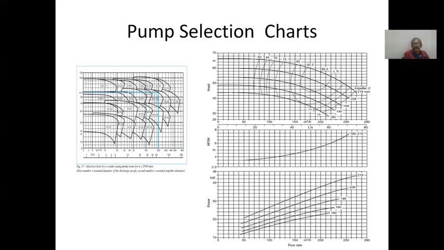For pump selection, the pump selection charts supplied by the manufacturers are mostly used. This is a typical chart. To start with, on the first page of the catalog, you will find this kind of chart. On the x-axis is the discharge rate, and on the y-axis the pressure head to be developed.